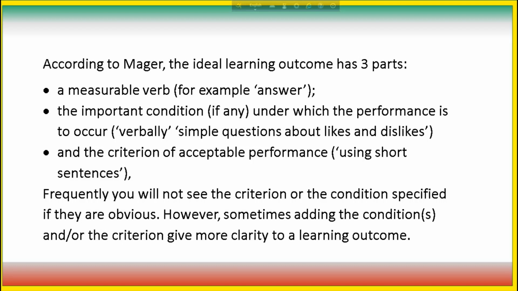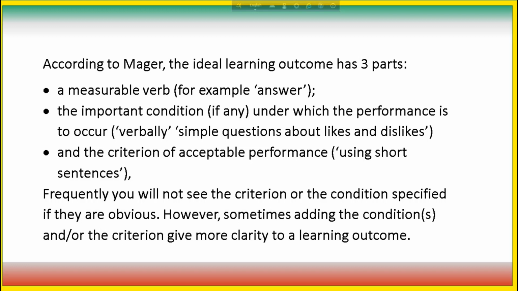The important condition under which the performance is to occur, and the citation of an acceptable performance using short sentences. Frequently, you will not see the condition or the citation specified if they are obvious. However, sometimes adding the conditions and or the citations give more clarity to a learning outcome. Okay, this is called Mager.